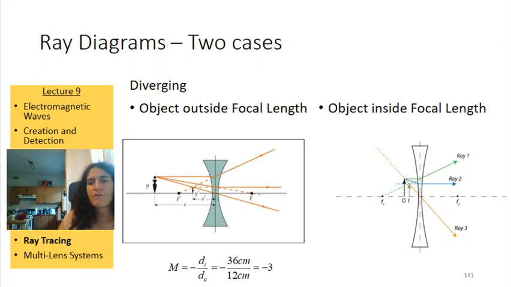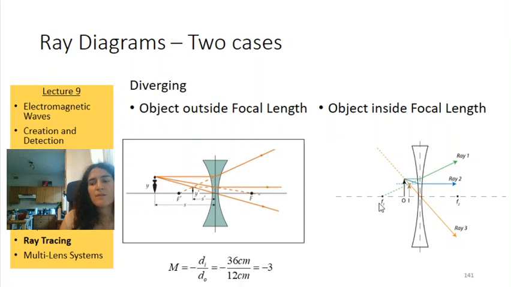So here I have ray diagrams for diverging lenses. I'm not going to go through these right here, only to say that anytime you have a diverging lens, you would expect to see the image in front of the lens, or on the same side of the lens as the object.